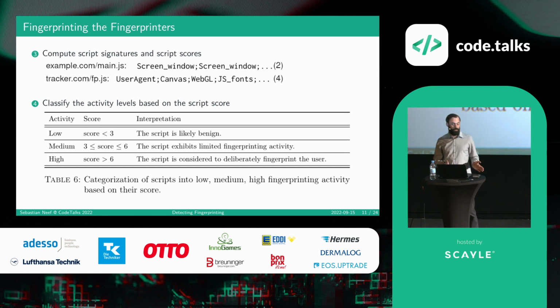Then we have scripts with 3 to 6 different feature groups, where we say 6 feature groups might be enough for a weak fingerprint. So this script could exhibit some limited fingerprinting activity. But the scripts that we are the most interested in are those with a score greater than 6, because that should be enough information at some point to do some fingerprinting.